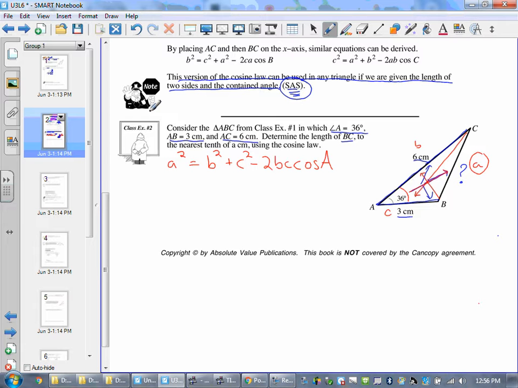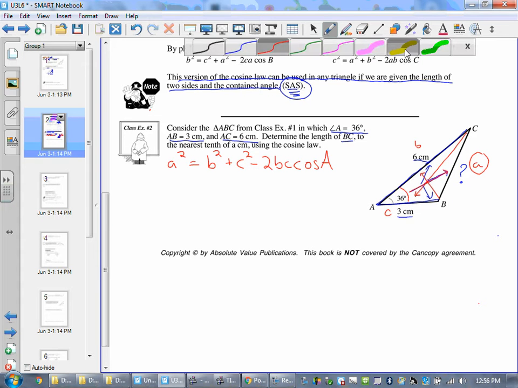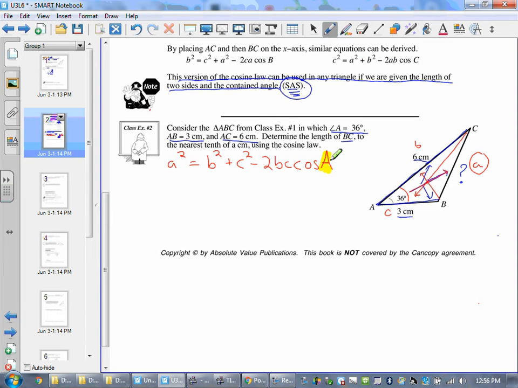So far, so good? Where did you get, oh, because you're trying to find A, so you knew it had to be BC in your mind? Yeah, because we have those. So our B and our C, we know those, so we can fill in those numbers. Our angle A, we know that as well. Our cos law has the form where the angle and the side that we're looking for are matching.